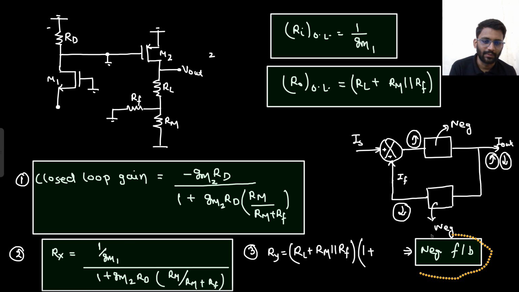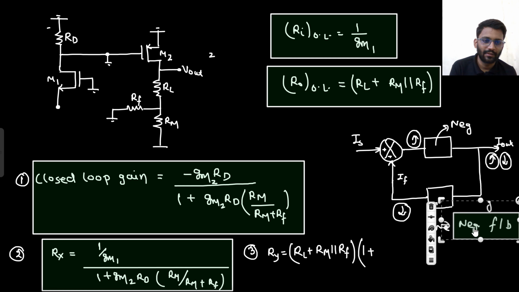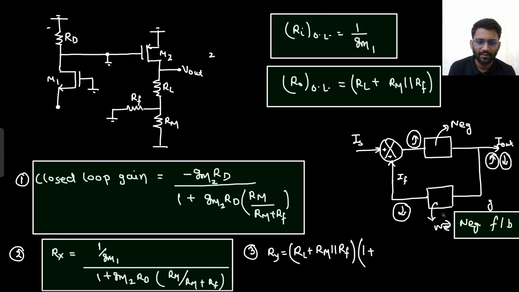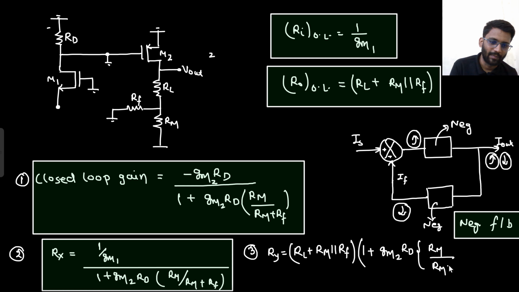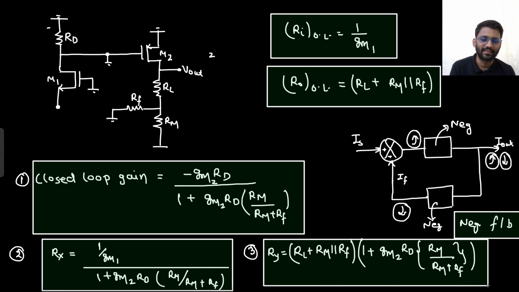So better I should keep it this way: one plus gm2 rd into Rm upon Rm plus Rf. So I told you this expression will be very complex, and see, this is your Ry, which is very complex.